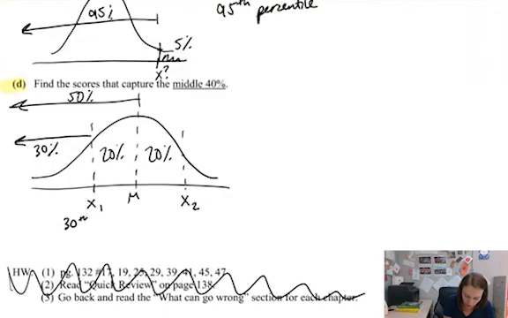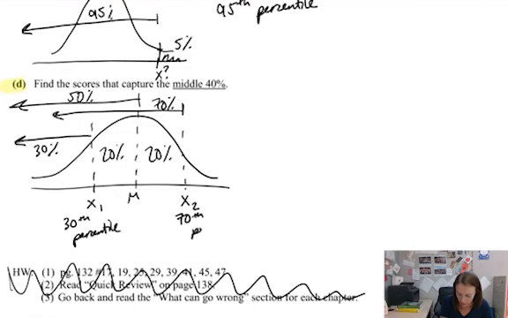So this is the 30th percentile. And then this one, if I go 20 above the mean, that's going to be 70%. So the 70th percentile. So you can use the z-table to find those z-scores for those percentiles, and then work your way backwards to an x value. And that's it for today's lesson.